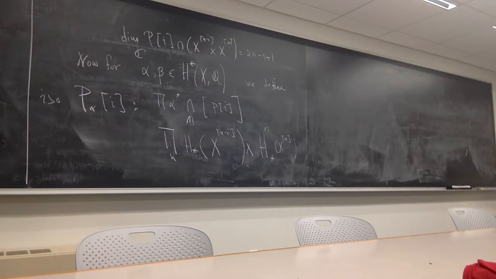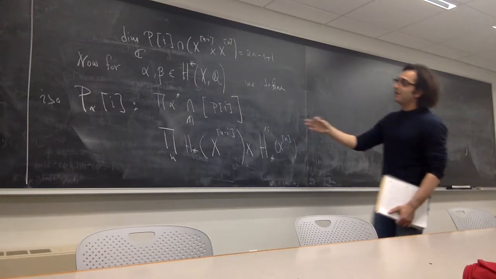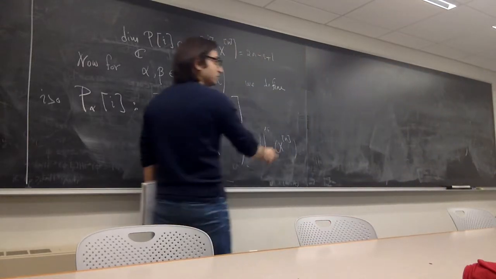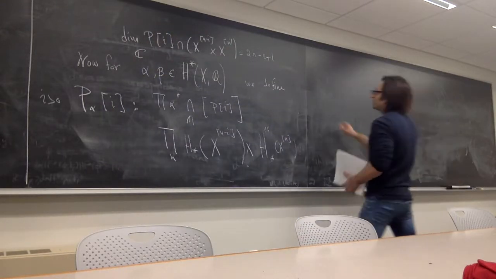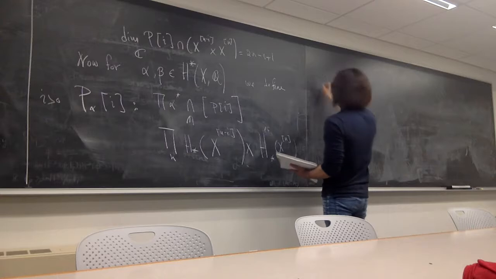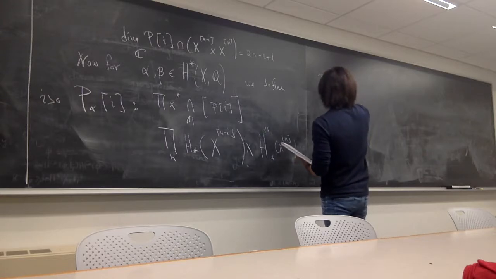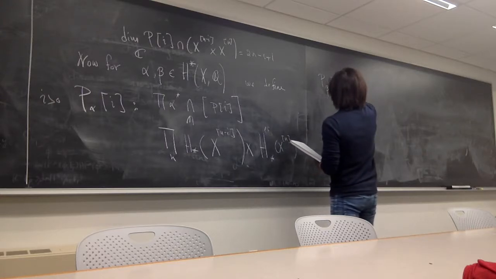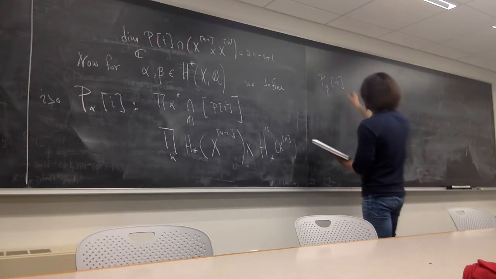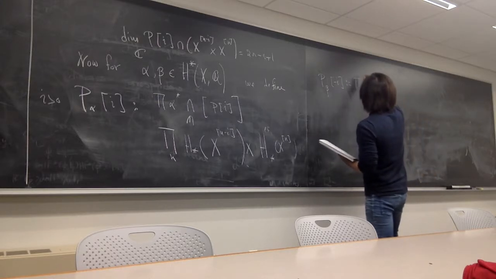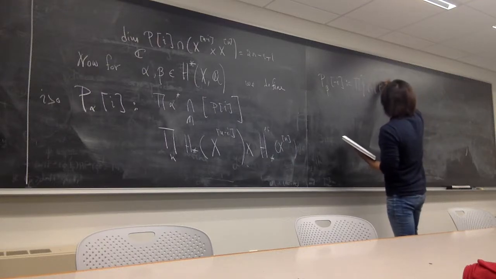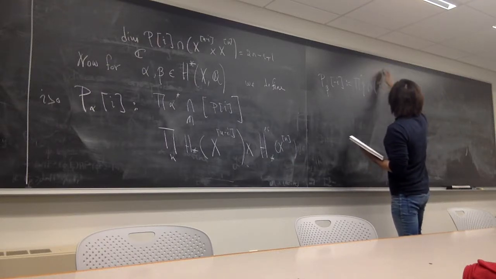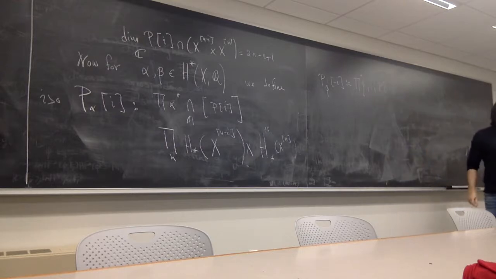Remember that P_I is actually a subspace of the product of these two guys, so it has a cohomology. And also I can define something for another cohomology class, P_beta of minus I. I can define this as the pullback of beta intersected with P minus I. And now we know what P minus I means, because we know how to define it for negative integers.